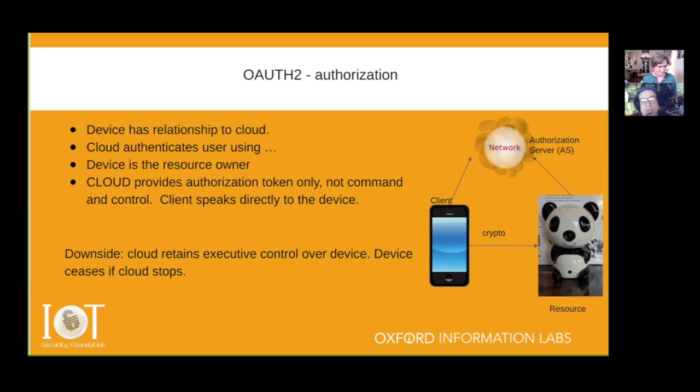So the important part is, although the cloud is involved in authorizing the device, the cloud is not involved in operating the device. The client speaks directly to the device. And a lot of people are much happier with that for a lot of things in their home. The downside is that the cloud can actually change who can operate your device.